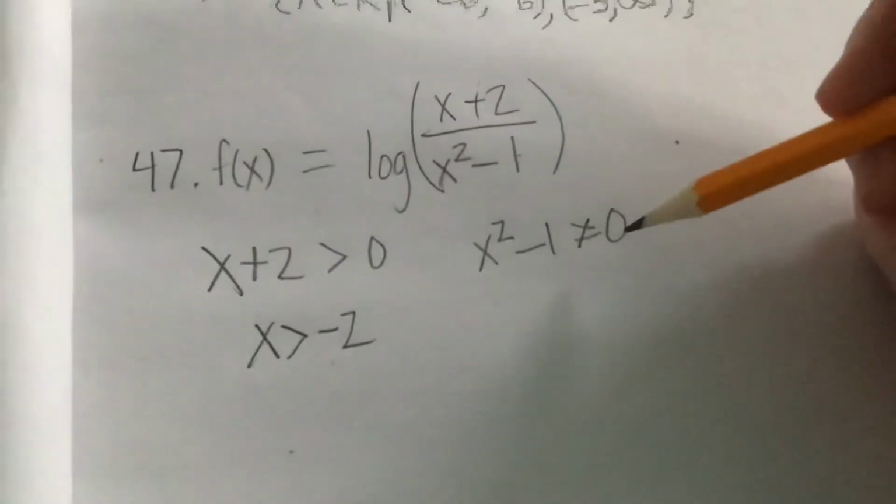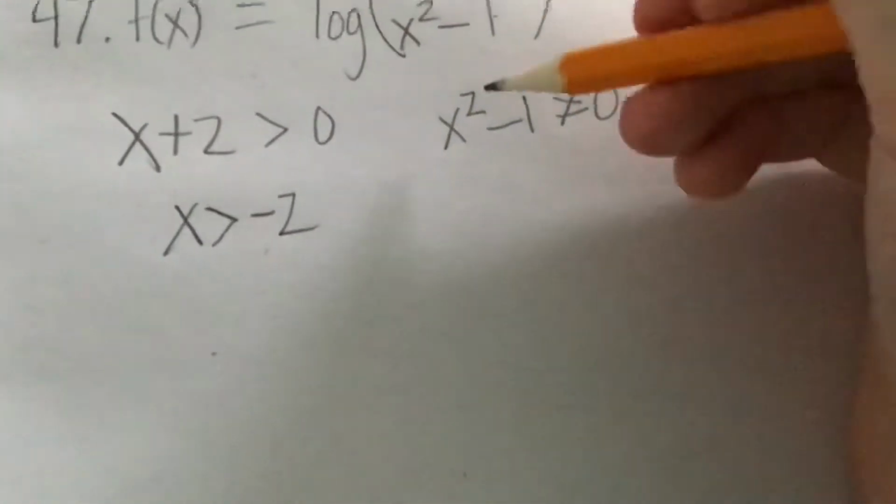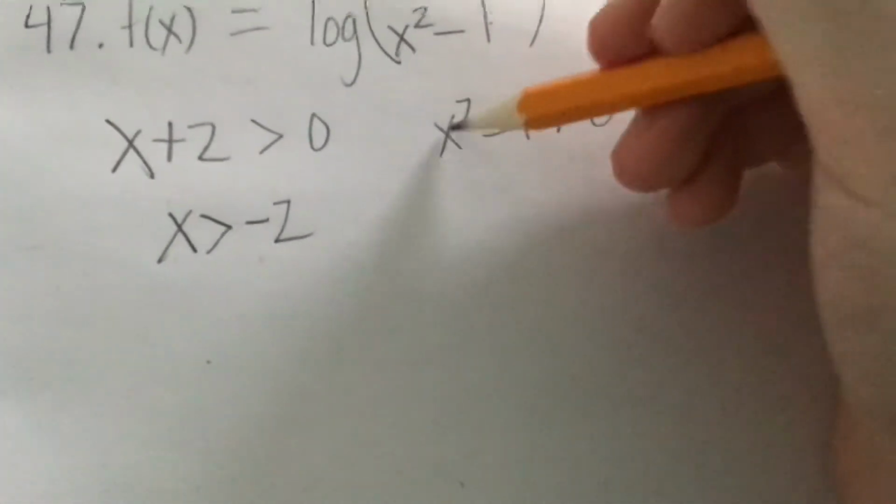But this over here, sorry about the wobbly camera, we have to go through it a little more. We have to split up this x squared minus 1.